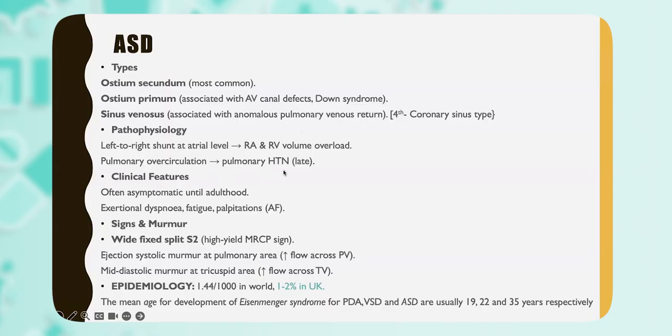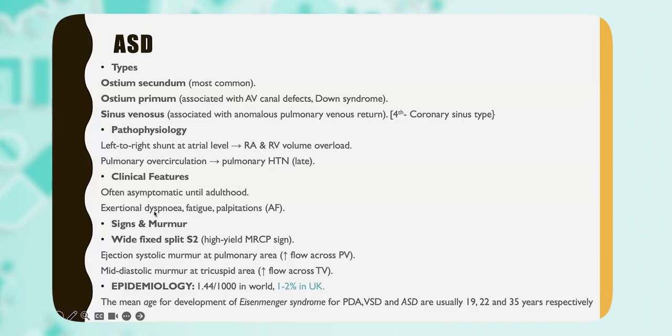Over time, firstly the pulmonary circulation accommodates all the extra blood, but over time this hypervolemic state contributes to the development of pulmonary hypertension.